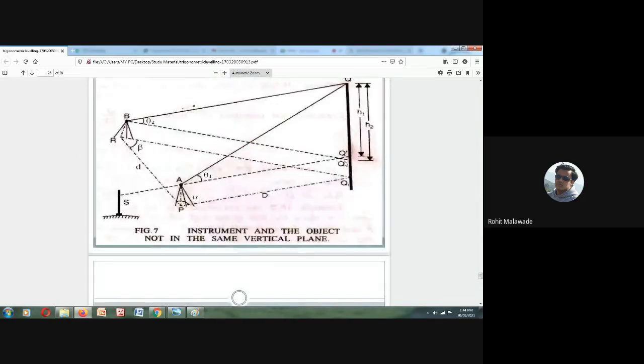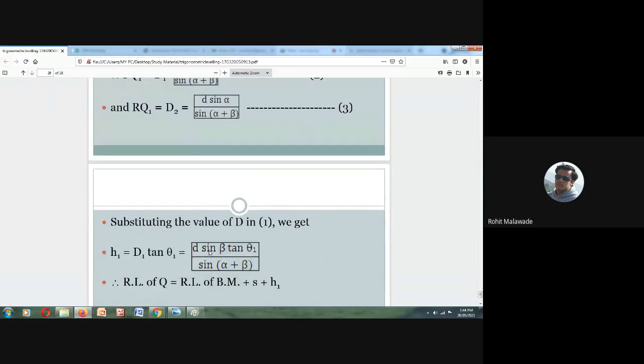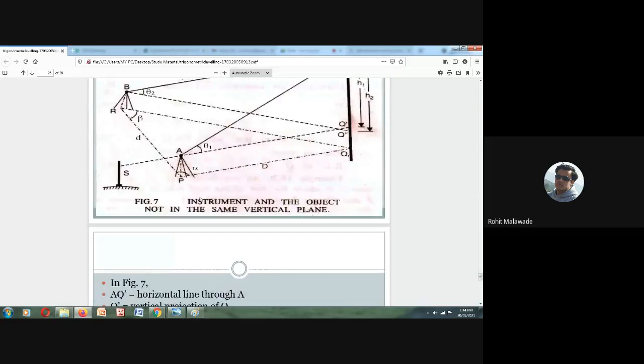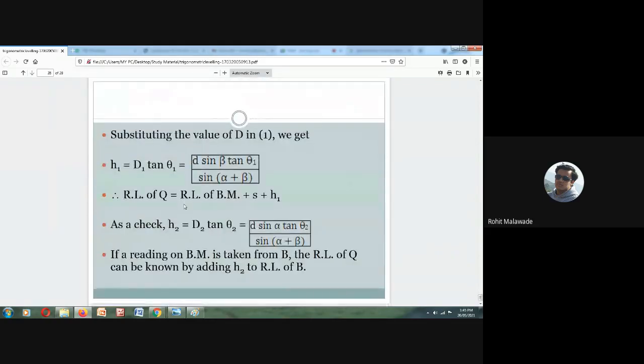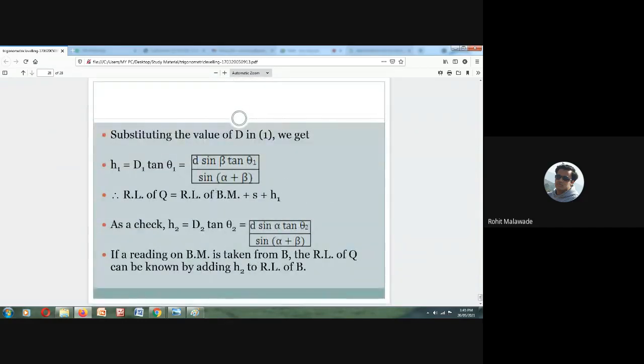H1 is given by D sine beta into tan theta 1, that is the vertical angle, and this horizontal angle from R to P, divided by tan theta 1 minus tan theta 2, divided by sine alpha plus beta. Okay, sine alpha plus beta.